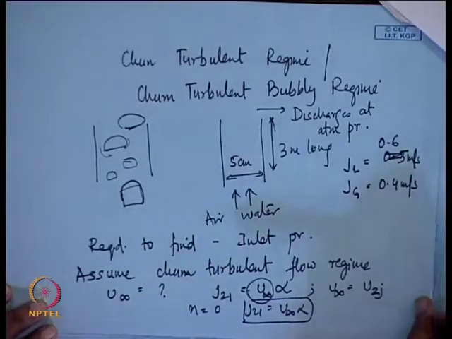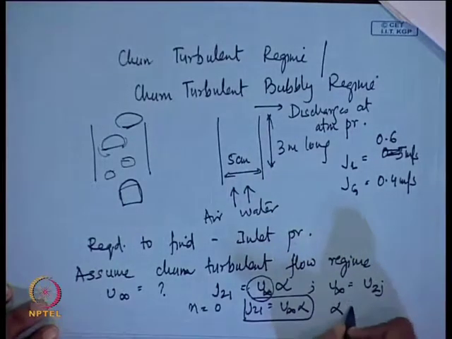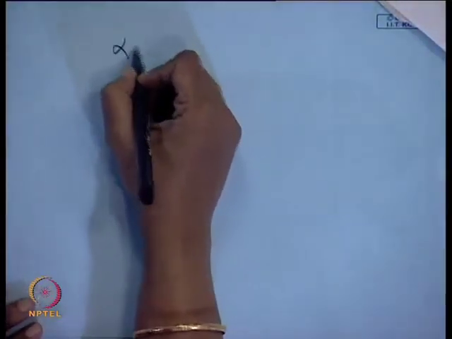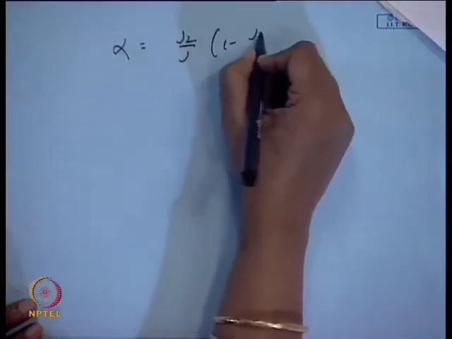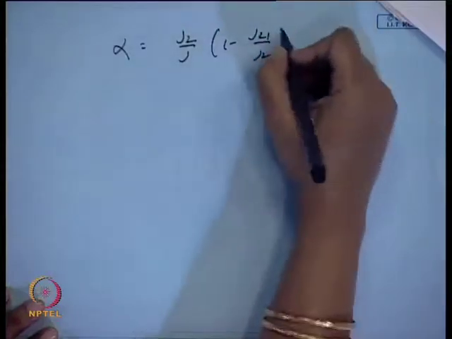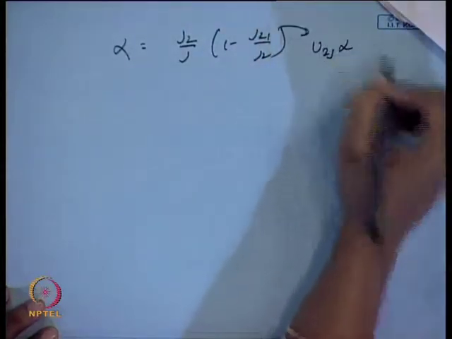Okay. And again from the drift flux model, what do we know? We know alpha, I will write it in the next slide. We know alpha is equal to J2 by J into 1 minus J21 by J2. This also we know. For this J21, it is nothing but U2J into alpha.